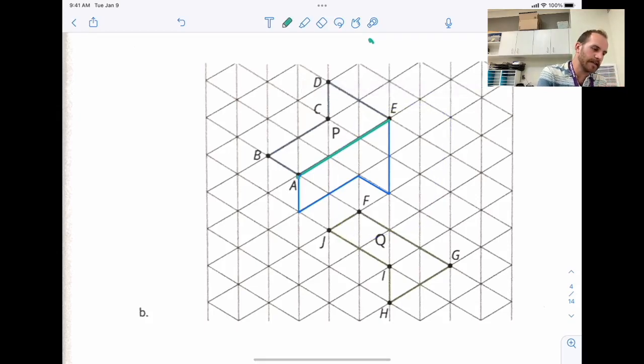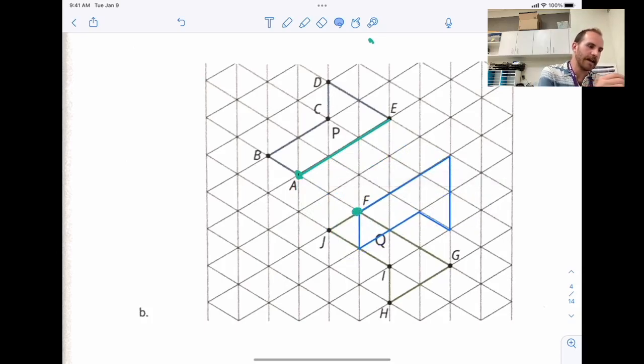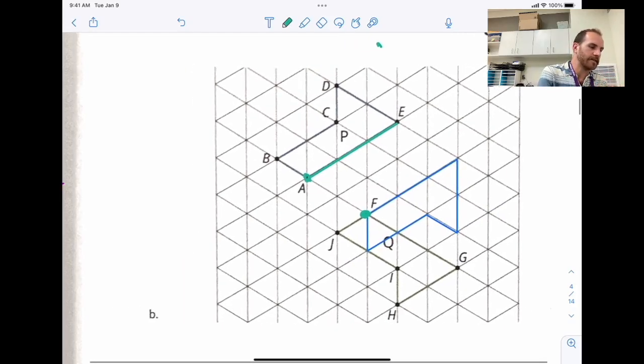If we just rotate it so that A goes to F, we get this. Or actually, I'm not going to do that. I'll do this. A goes to F. Yes, A goes to F. That's what we like to see. After that, I should have been writing this down, but we're reflecting.